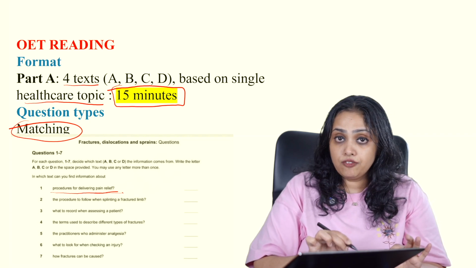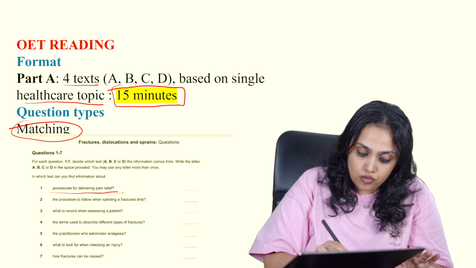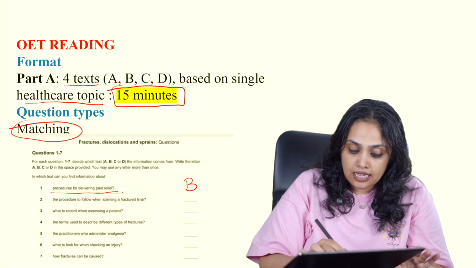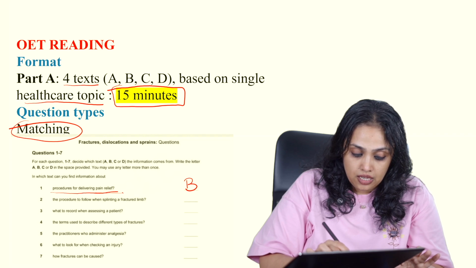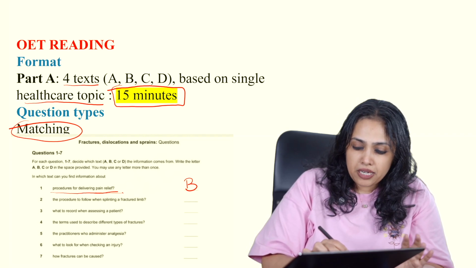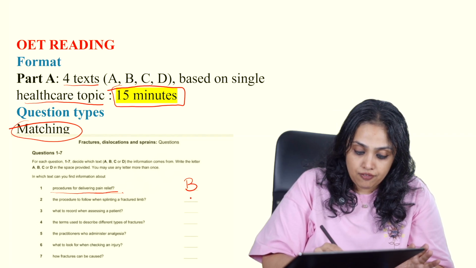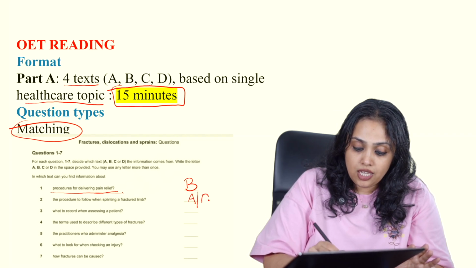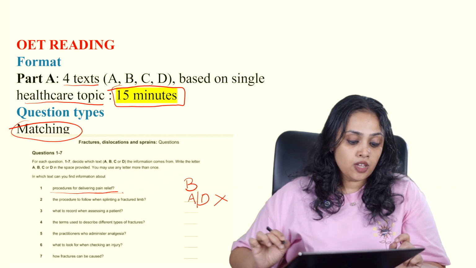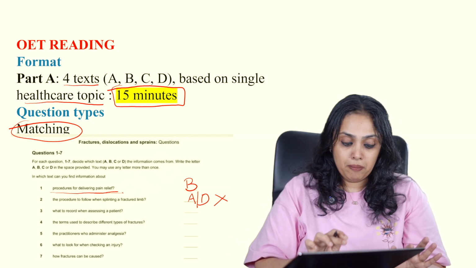If you find that information in text B, you have to write B here. Here again, just like multiple choice questions, for question number 2, if I find the answer is A, but I'm confused between A and D, and I write A/D, then you'll not be getting a score for this particular question. So this is how you have to do the matching question.